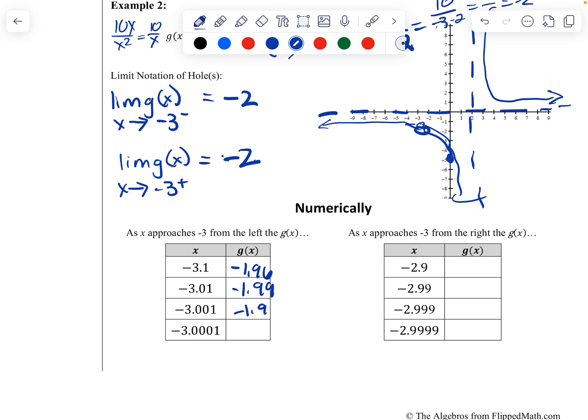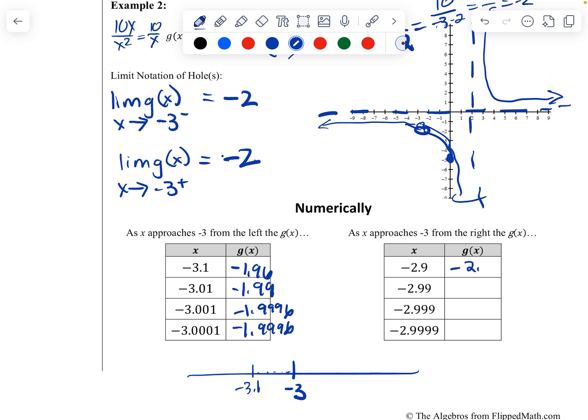Negative 3.001, negative 1.9996, and add another 0, and negative 1.9996. So we can see as we're getting closer to negative 3 on our number line, we started at negative 3.1, and we're moving the values closer, and we can see that it's getting closer to negative 2. It's the same thing if we go the other way.